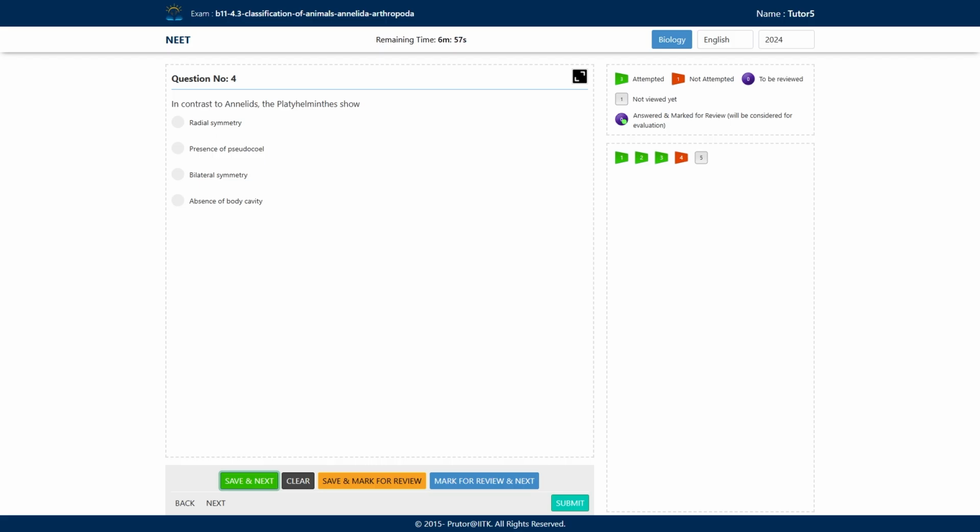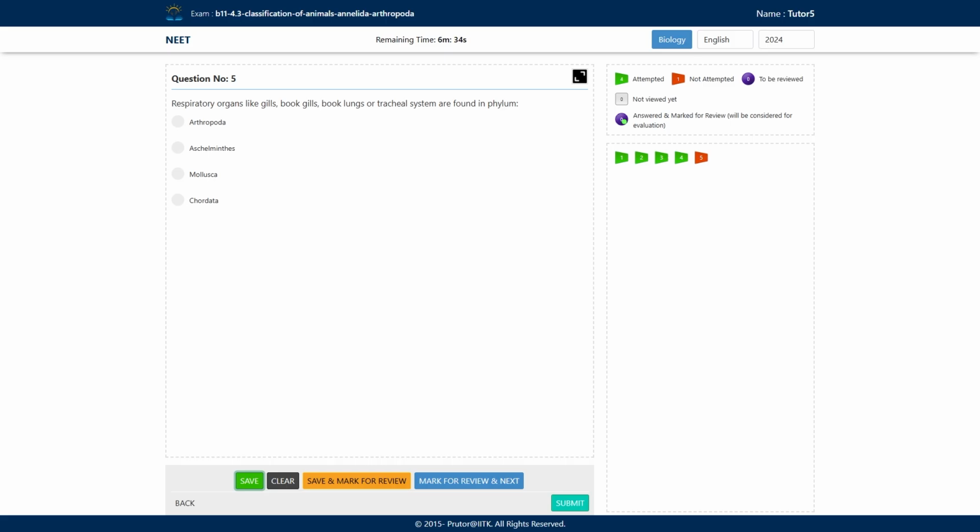The feature that we see in Platyhelminthes but not in Annelida. It is a contrasting feature. If you see this, presence of pseudocoelom. Pseudocoelom is present in Platyhelminthes but not in Annelida, right? So, presence of pseudocoelom, option B. We'll save and move to the next question.